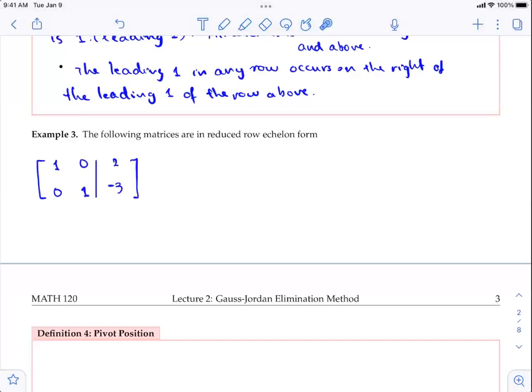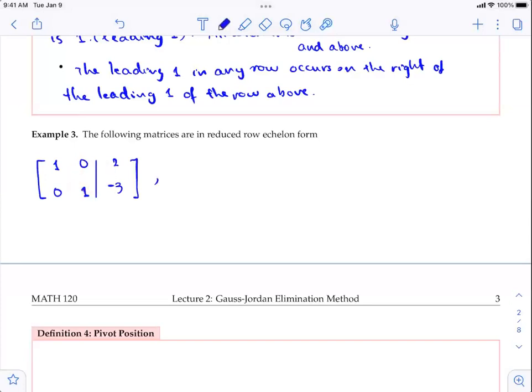This is still the reduced row echelon form because the leading entry in the first row is equal to 1. The leading entry for the second row is also equal to 1, and this one is on the right of the one above it. Now this one is in the reduced row echelon form.